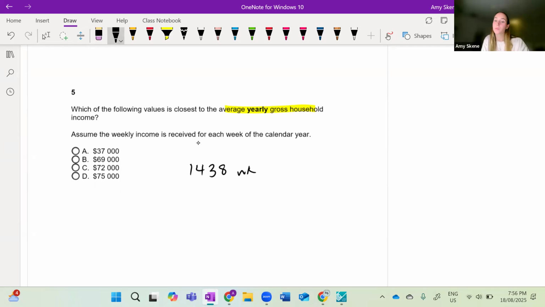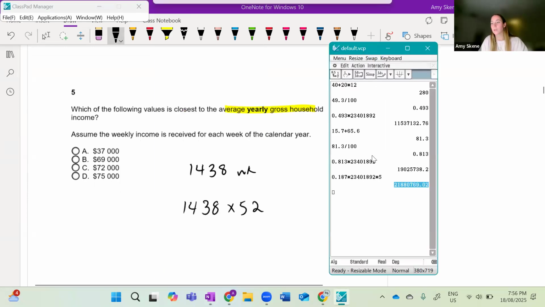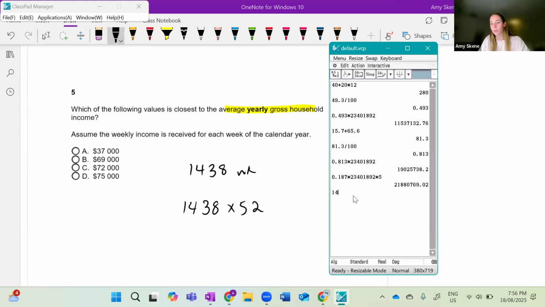There's 52 weeks in a year, so that's just simply testing your knowledge of how many weeks are in a year. So you're going to do 1,438 multiplied by 52. If you do that onto the calculator, we'll see what we get out. 1,438 multiplied by 5.